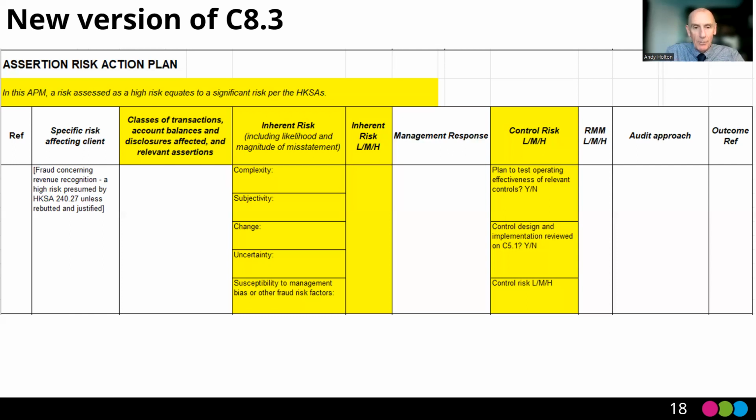So we need to have separate assessments for each of those that then feed into our overall assessment of inherent risk. Our management response, our audit approach, and our reference to outcome are then the same as the previous form.